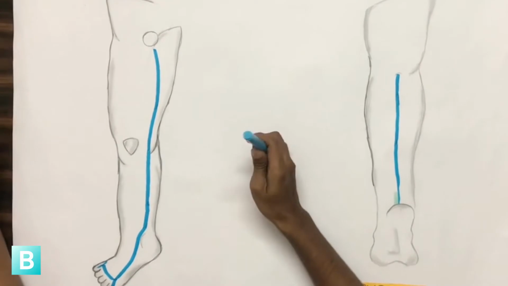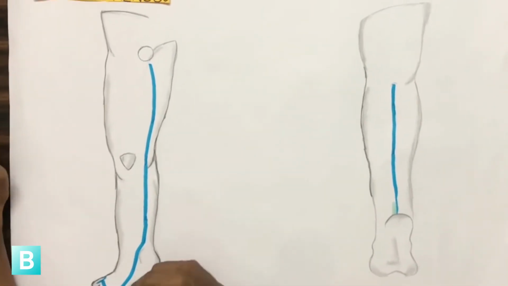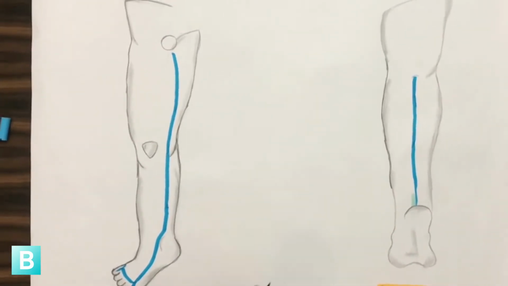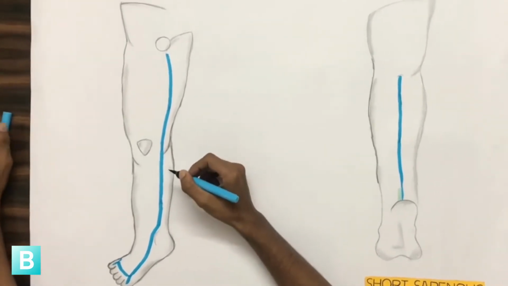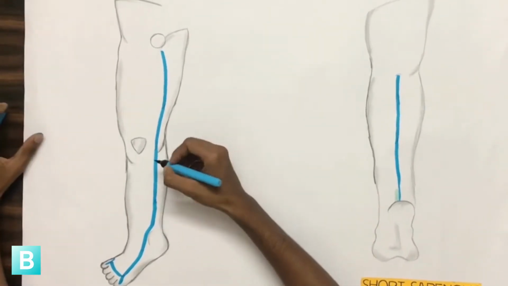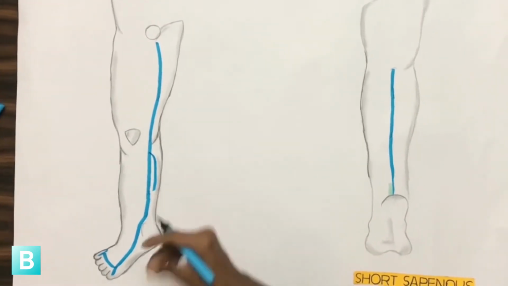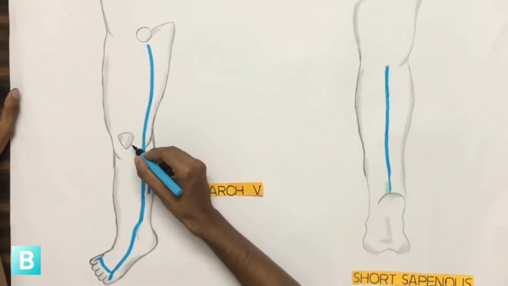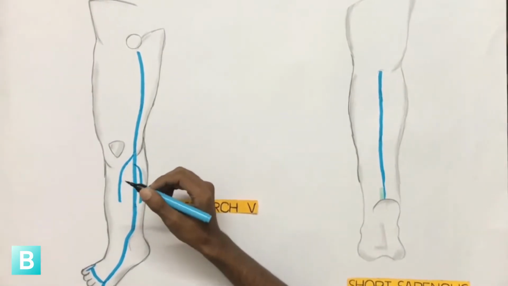Now let's talk about the tributaries of the great saphenous vein. The first tributary is the medial marginal vein of the big toe itself. The second and third tributaries are present in the leg. One is called the posterior arch vein, and the other, just below the knee, is called the anterior leg vein.